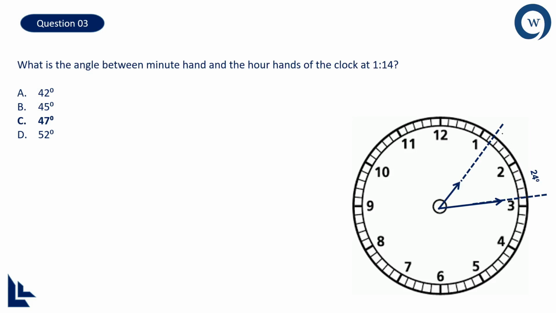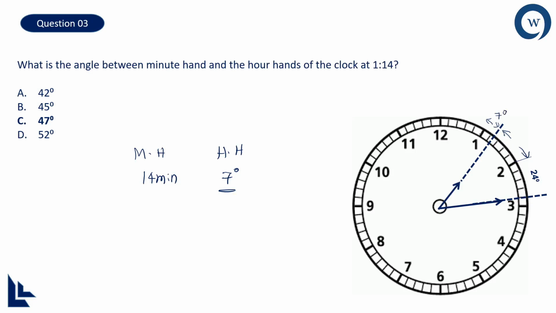And now you should also find out what is this angle. From number 2 to this point, what is the angle? How will you identify that? You can identify that with the help of this. Tell me quickly, for 14 minutes deflection in the minute hand, what is the angle covered by the hour hand? It is half of this, right? Which is 7 degree. That means from 1 o'clock to 1:14, hour hand has already made a deflection of how much? 7 degree.